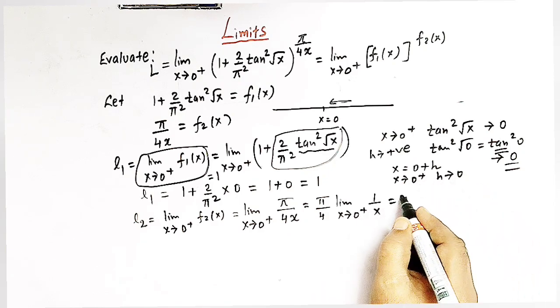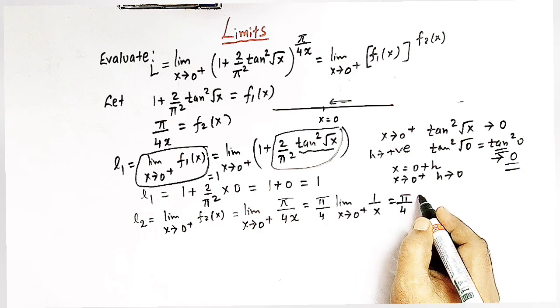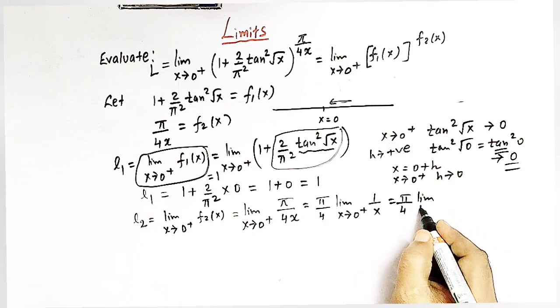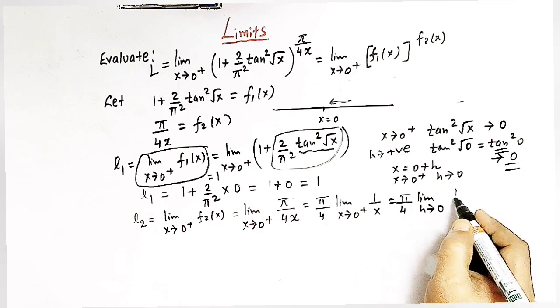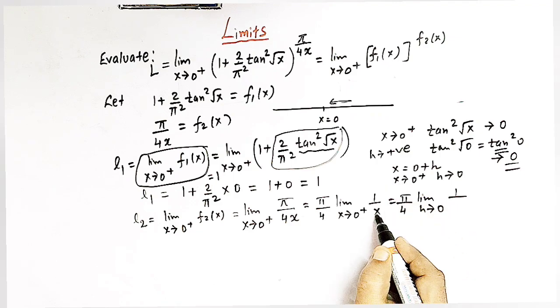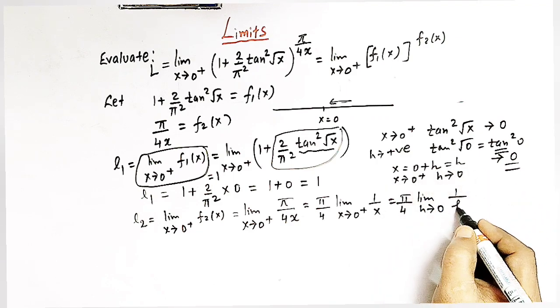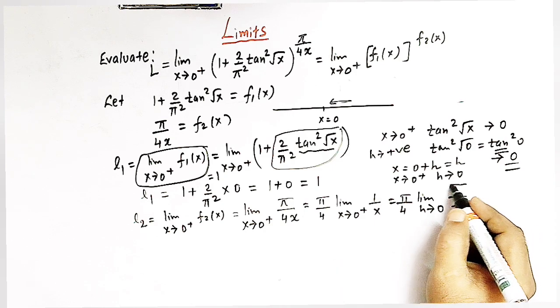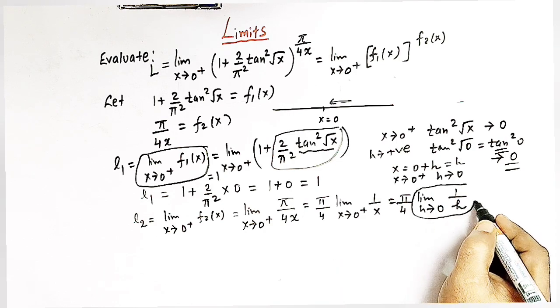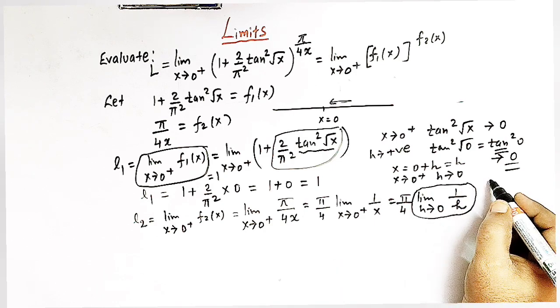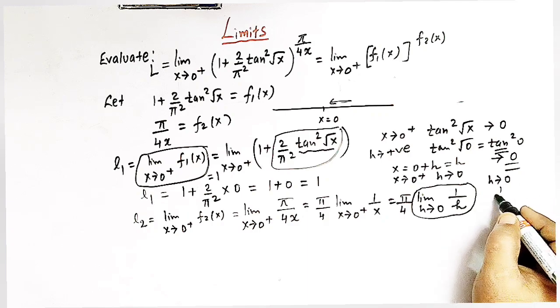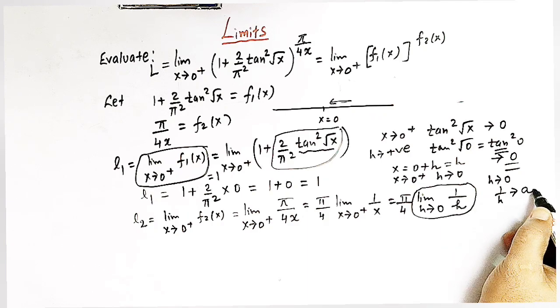So we can also write this limit as limit h tends to 0 of 1/h, where x is equal to 0 plus h, that is simply h. Now this limit tends to infinity, because when h tends to 0, 1/h tends to infinity.